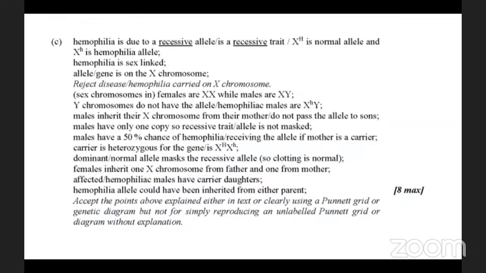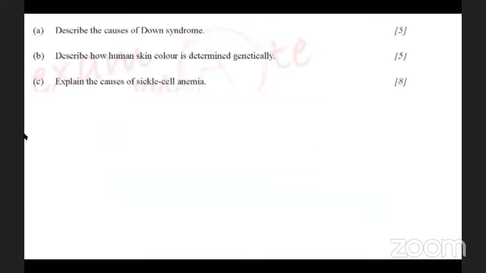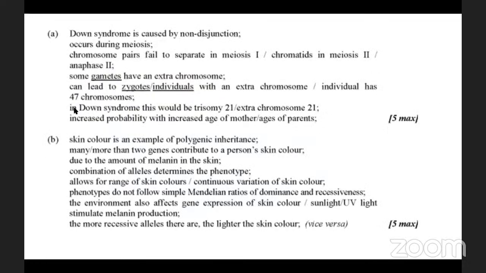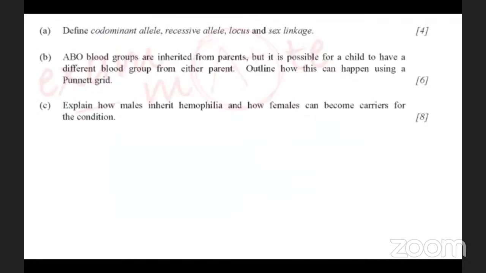Therefore, in this particular case, we have to explain how hemophilia is inherited in both male and female. But the question specifically asks for how males can inherit hemophilia and how females can become carriers for the condition itself.